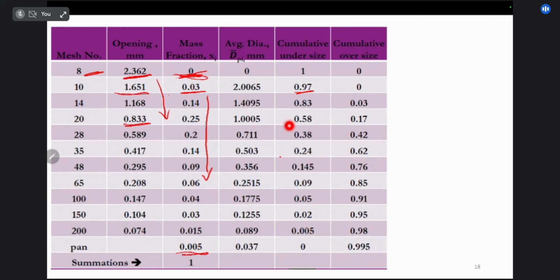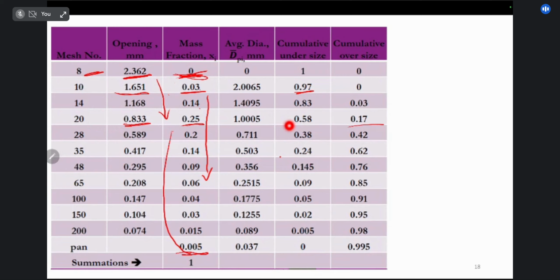If you go for the undersize, then you need to add up to 0.2 plus 0.2, 0.4, 0.09, 0.06, all these things, and then you will get 0.38. If you want the oversize, you need to add the calculation for 14, 0.03 and 0.025, and then you will get 0.17, which is the cumulative oversize.